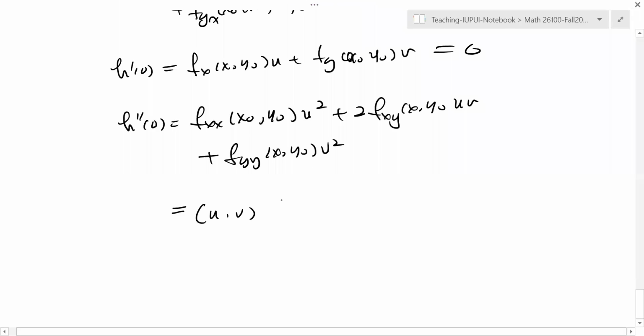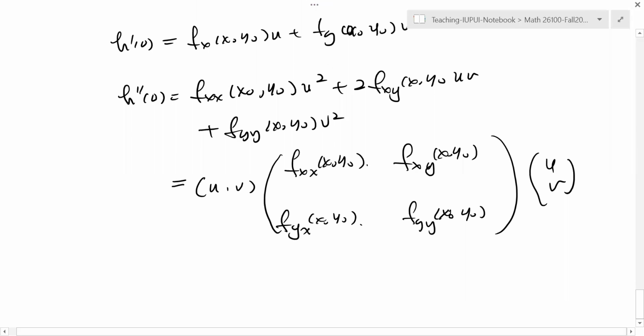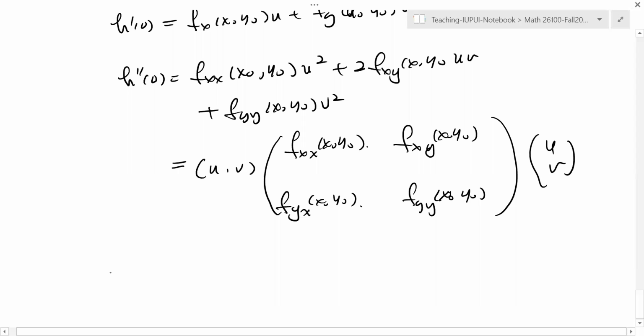So this is a (u, v) matrix, and here fxy, and I can change the order here, fyx, it's actually the same, fyy, and then u and v. So now think about it, we consider the function when the second derivative test in Math 165.